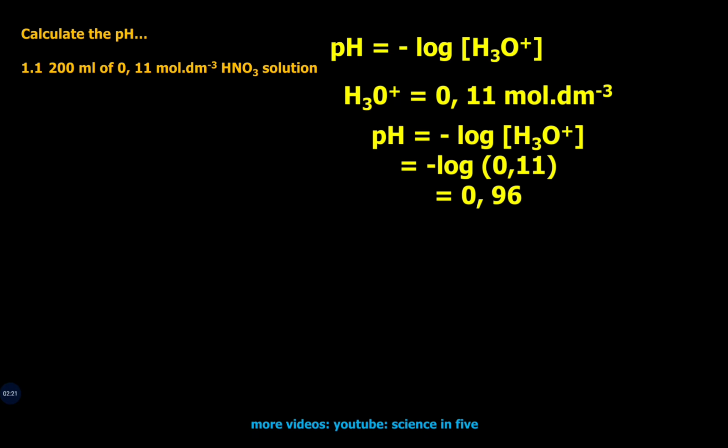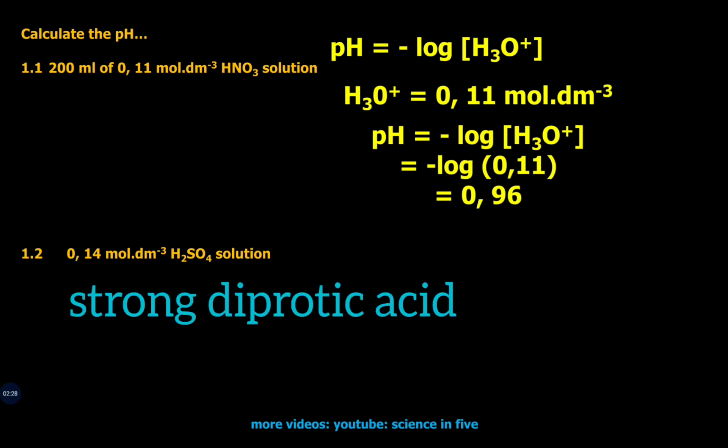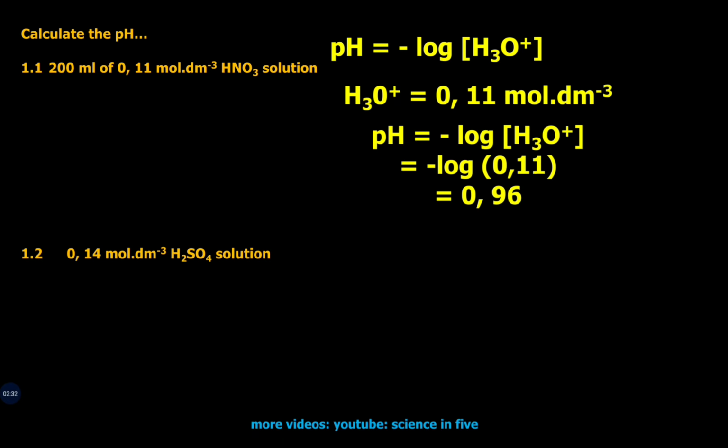Okay. In the next question, we've got a strong acid again, but this time it's a diprotic strong acid. This acid has got 2 protons to release. So it means it's going to release 2 protons, which will form 2 hydronium ions.